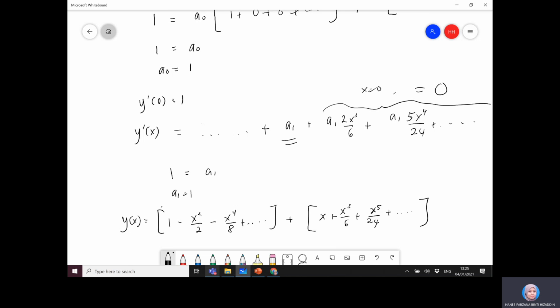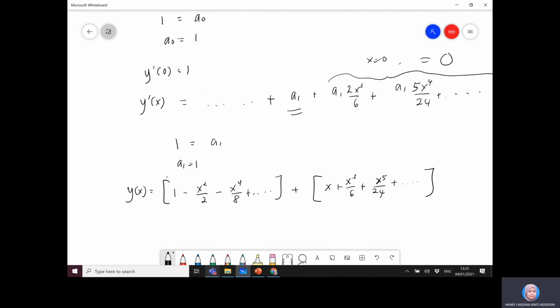So that's it really. So meaning here, when you're given a differential equation with initial conditions, you need to find out what the values of your coefficients could be.